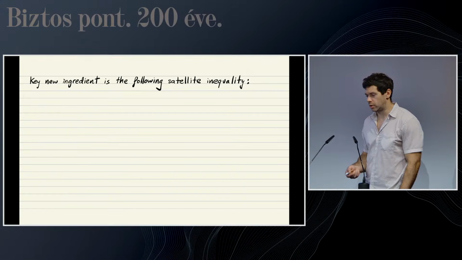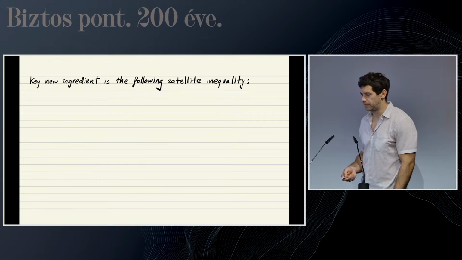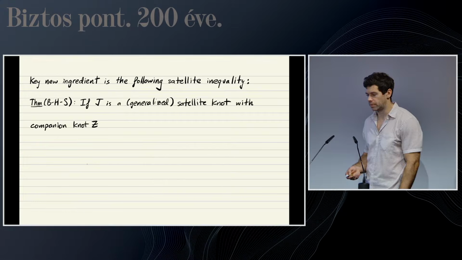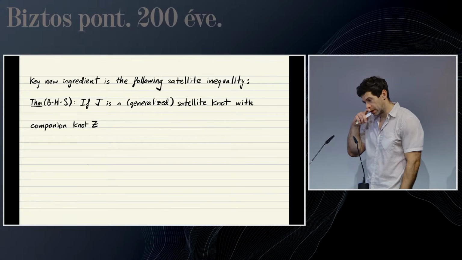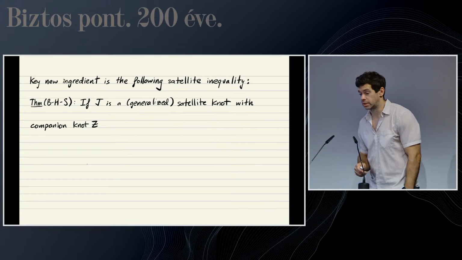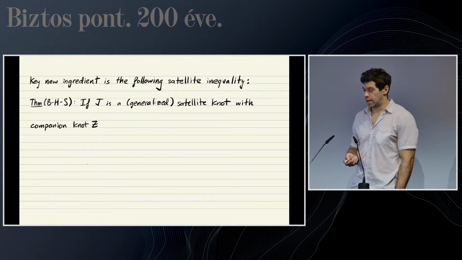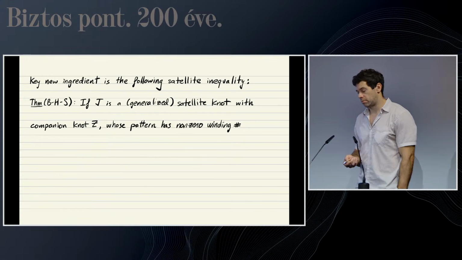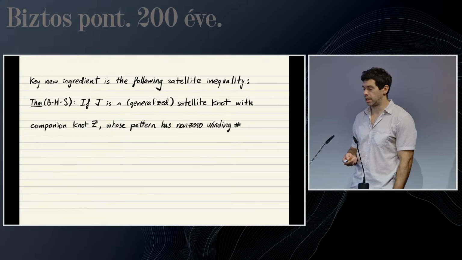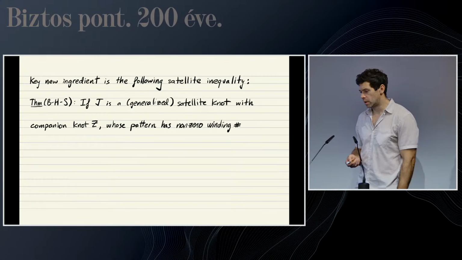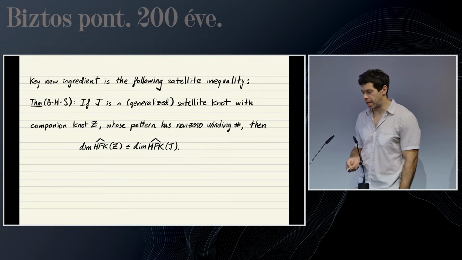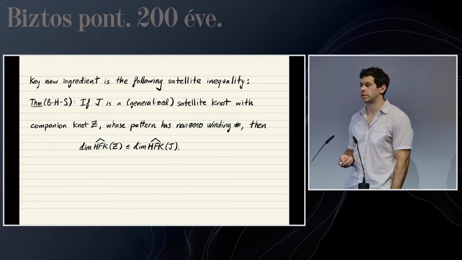And the key new ingredient, and it's not immediately obvious why this is so useful, perhaps, is a satellite inequality in knot Floer homology. So maybe this is of independent interest. So if J is a satellite knot, and let's say it has companion knot Z, and let's suppose that its pattern has non-zero winding number, then what we show is that the dimension of the knot Floer homology of the companion is less than or equal to the dimension of the knot Floer homology of the satellite.